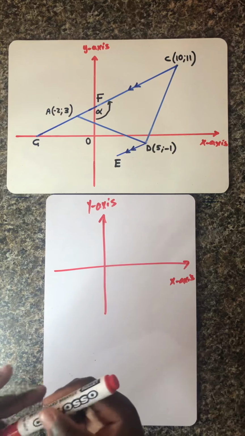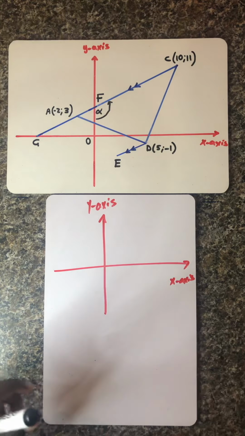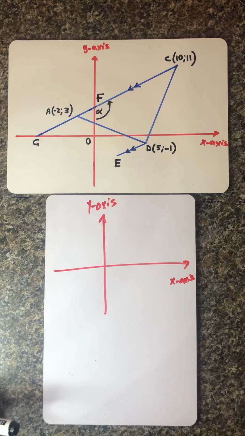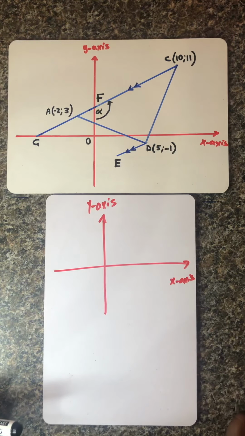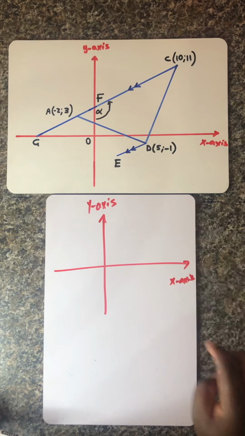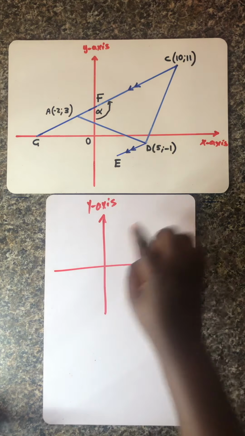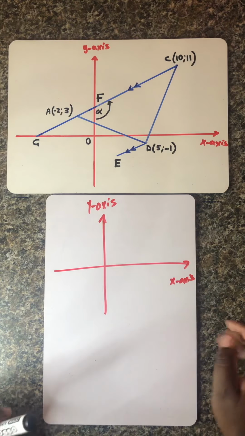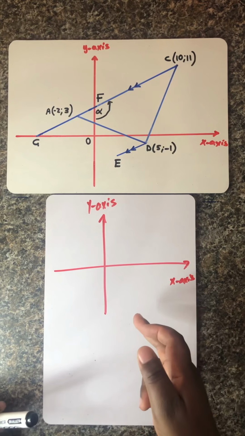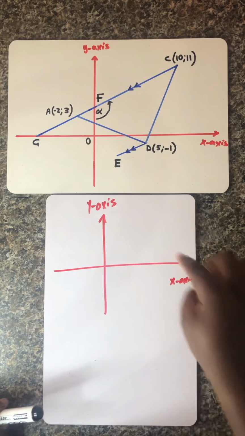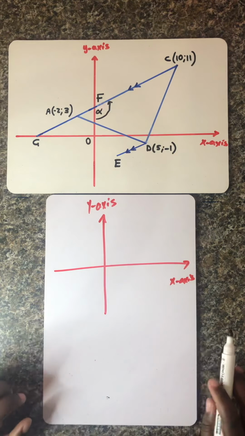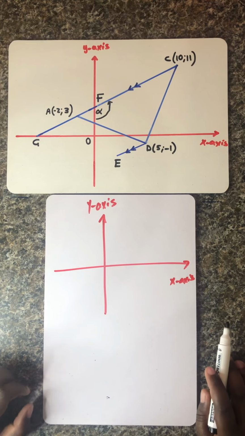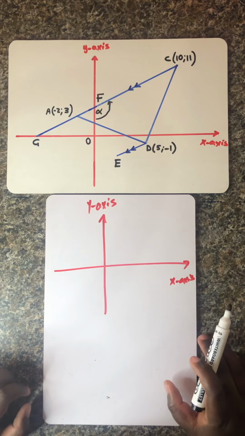For example, a straight line doesn't necessarily mean at all times it will be drawn diagonally. It can also be a vertical line or a horizontal line. Very much important, ladies and gentlemen, that you notice where your set of axes is.